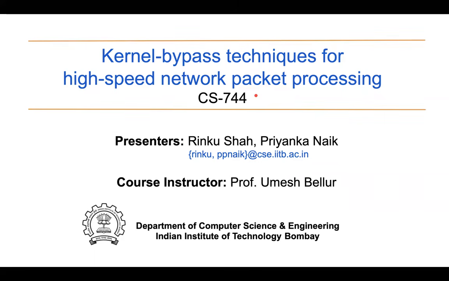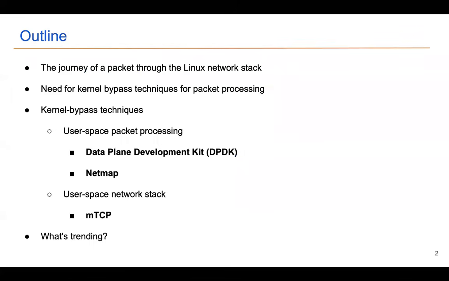The prerequisite to understand this talk is the basic undergrad computer networks course. What do you expect to learn by the end of this video? We will first discuss the journey of the packet from the source application to the destination application and back. Then we will talk about the limitations of packet processing within the kernel and motivate the need for kernel bypass techniques.